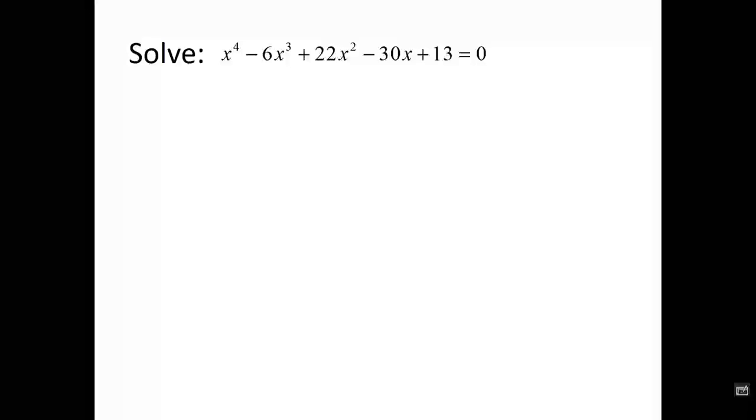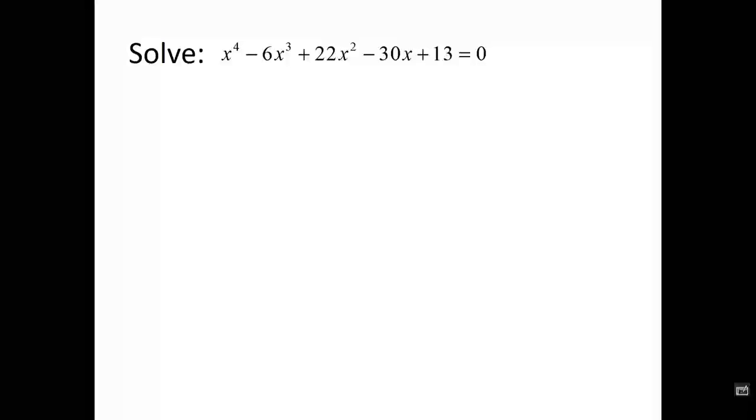Another example. Let's solve the equation x to the 4th minus 6x cubed plus 22x squared minus 30x plus 13 is equal to 0. When you solve an equation, we characterize the solutions as the solutions or the roots of this equation.